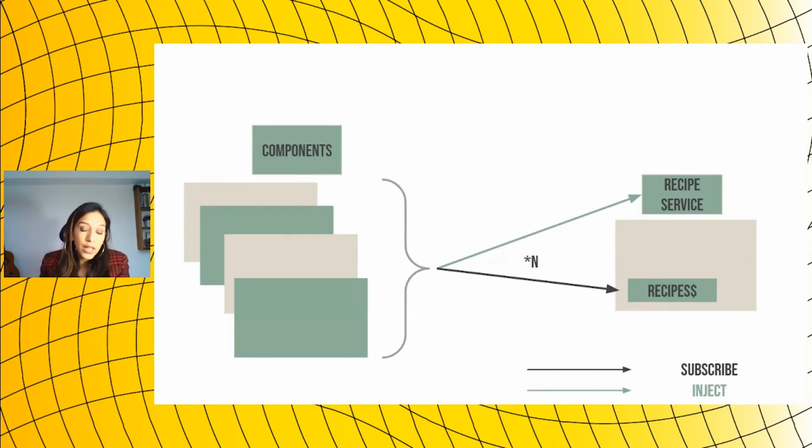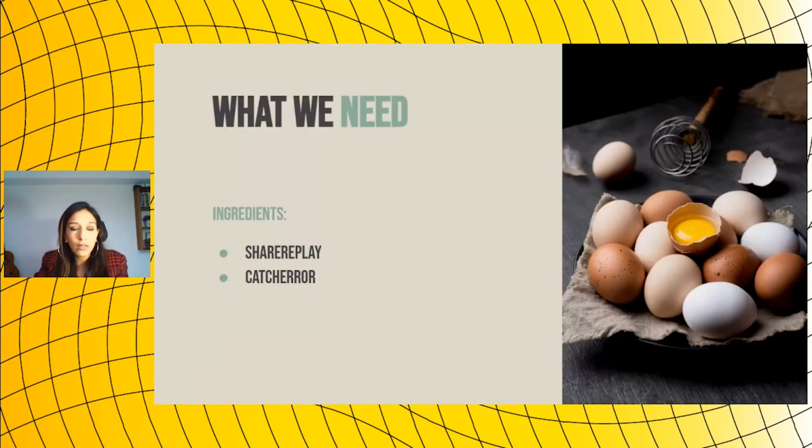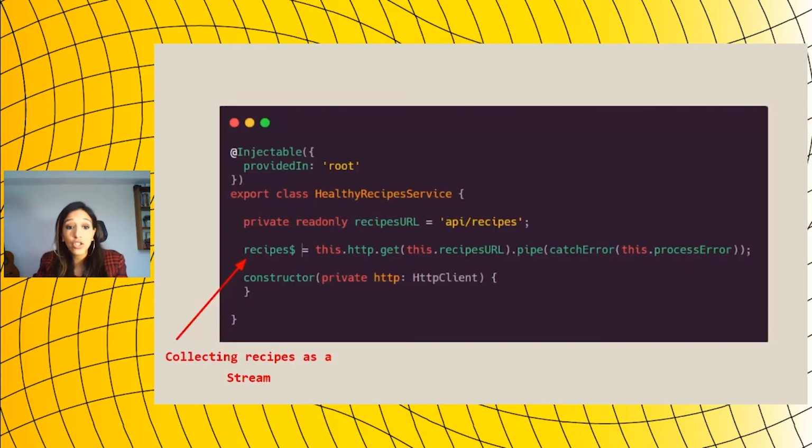You may here think of caching resources in your client-side layer. And in order to do this with RxJS, you need two ingredients, the shareReplay and the catchError. So here I have my healthy recipes service. Let's break down what's going on in this service.